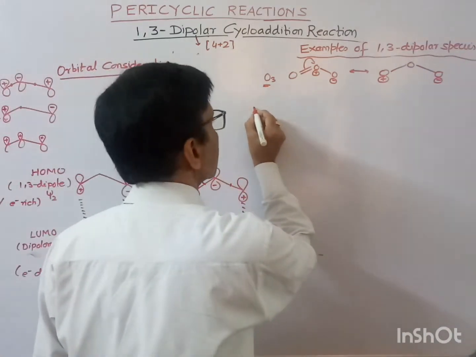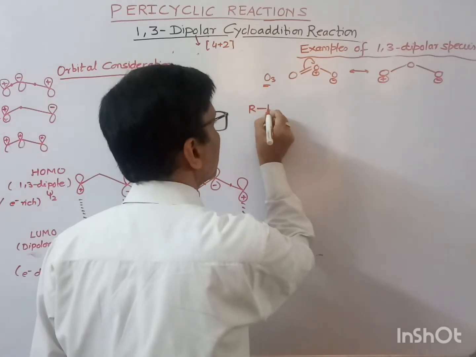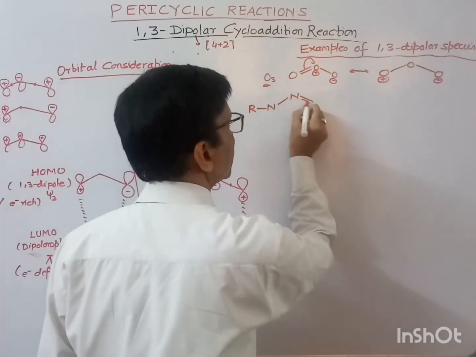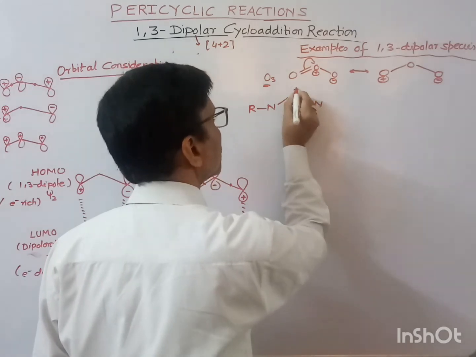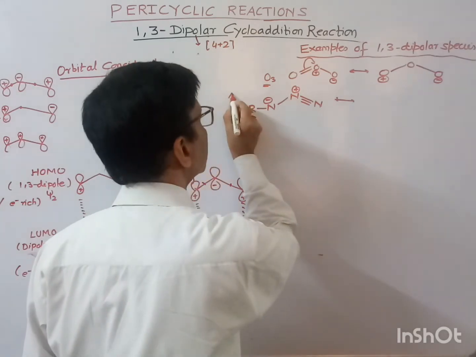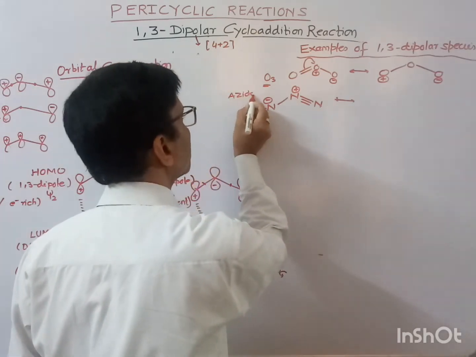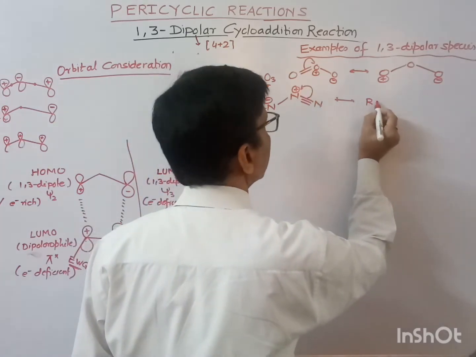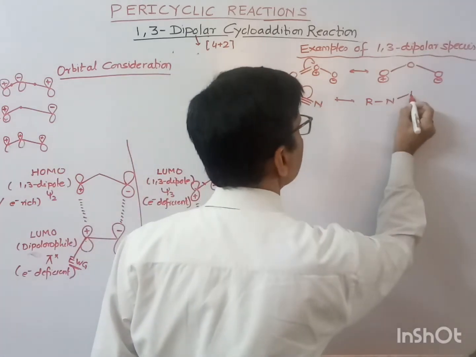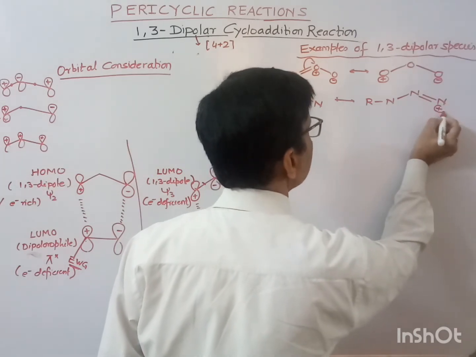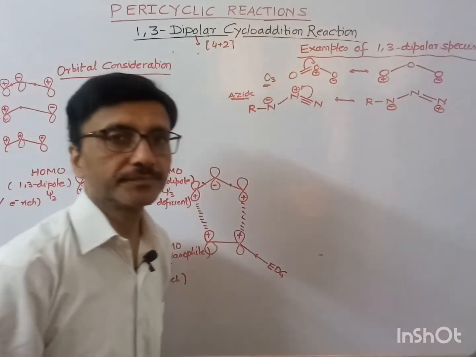Or suppose azide, an alkyl azide, maybe this is our alkyl azide. It may be written as a 1,3 dipolar species, with a positive sign over here and a negative sign here.